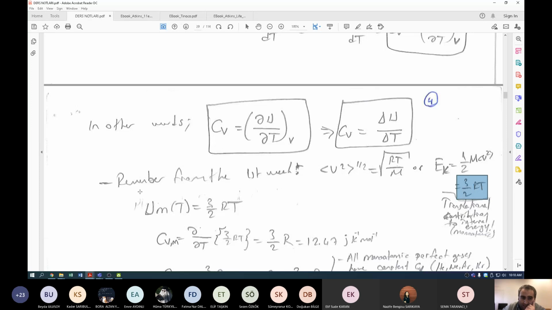If we put this as the energy component, delta U over delta T gives the constant volume heat capacity.